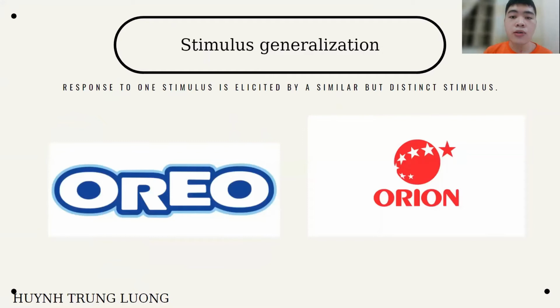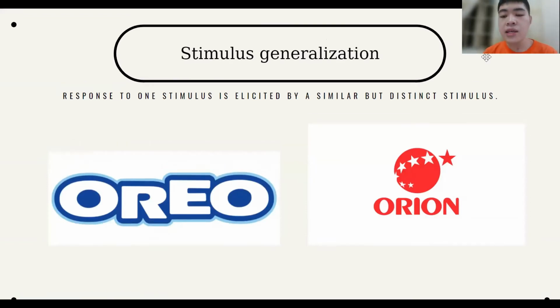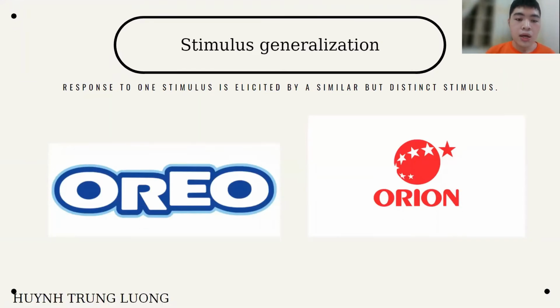Likewise, stimulus discrimination, we have stimulus generalization. Stimulus generalization can be referred to as the rub-off effect, which occurs when a response to one stimulus is elicited by a similar but distinct stimulus. This can be simply explained by the Oreo brand.